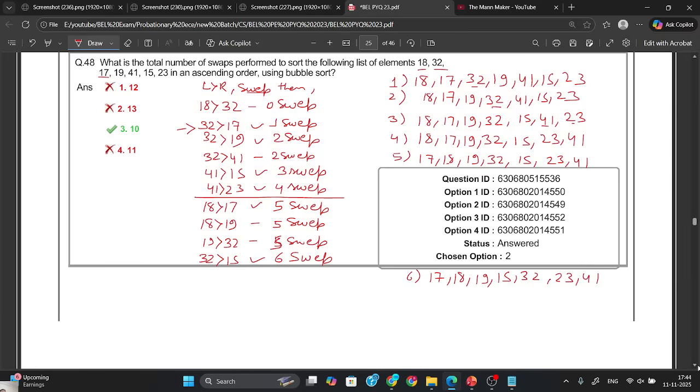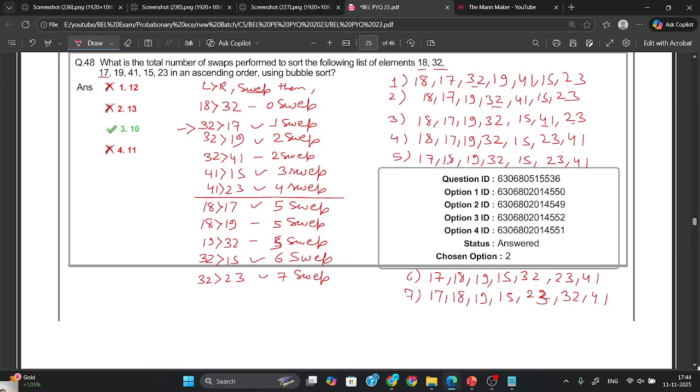Now we compare 32 and 23. This is also satisfied, so we do the seventh swap. In the seventh swap we will have 17, 18, 19, 15, and then 23, 32 and 41 on this side.